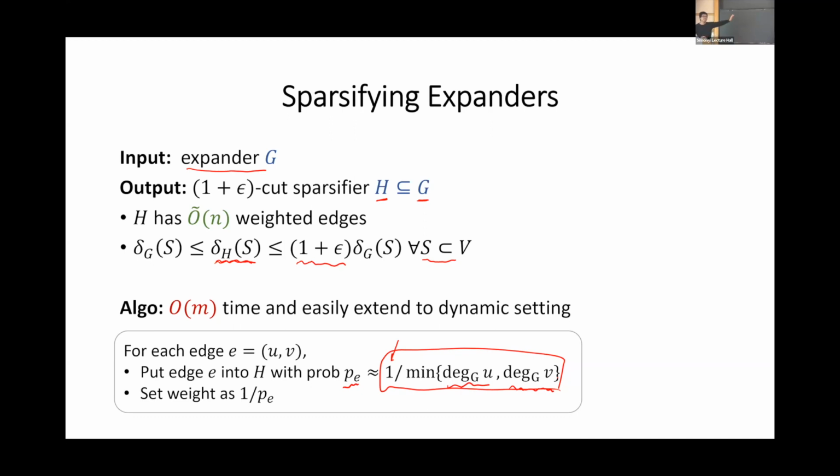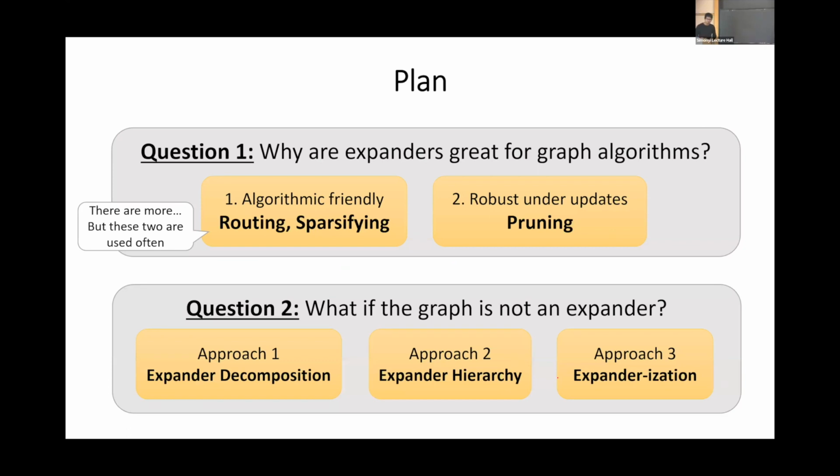But once the graph is an expander, this PE is just trivial to compute and maintain. If the graph keeps changing, you can just maintain the degree of each node. And there are more things that you can do much faster once the graph is an expander, but these are the key two things.